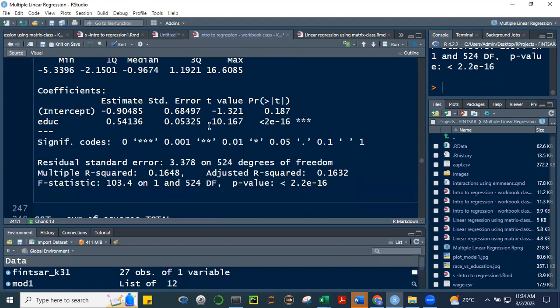And so this is the individual t-test. The null hypothesis here is beta 1 is equal to 0. So we reject that null hypothesis that beta 1, which is the slope for education, is equal to 0. There's strong statistical reason to believe that education is a value other than 0. So hindi 0 to, no? In fact, the average is 0.54.